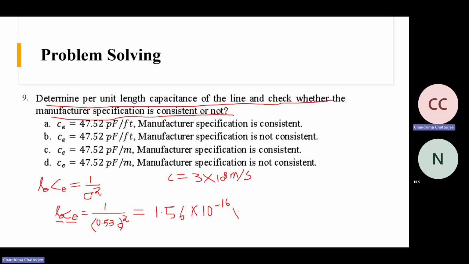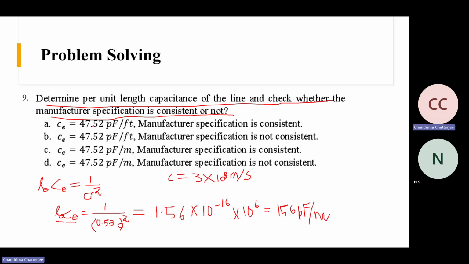And the inductance value is in microhenry per meter, right? So this is minus 6. Here it will be 10 power 6. So this is minus 10, 156 picofarad per meter.